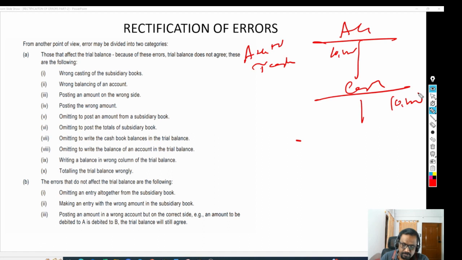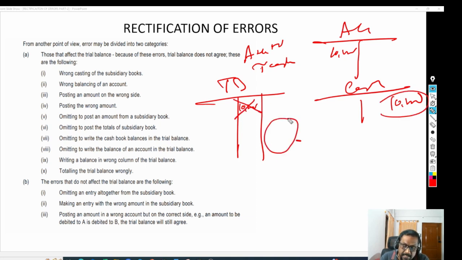This entry would have been posted. Now if I prepare the trial balance, A account should come 10,000 here. If this is forgotten to post, this 10,000 would have been impacted in the credit side of the trial balance. But this 10,000 debit is not there. Since the debit is not there, these two balances will not tie. That is what they are trying to say.